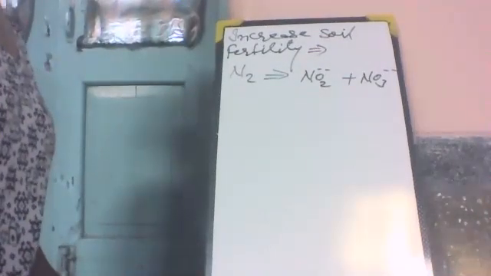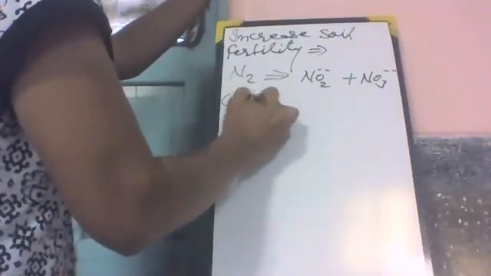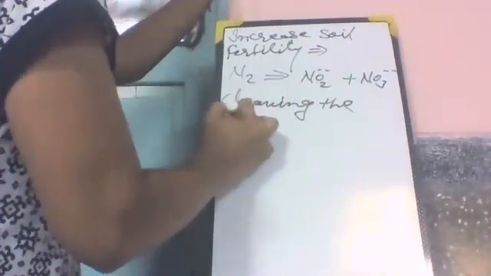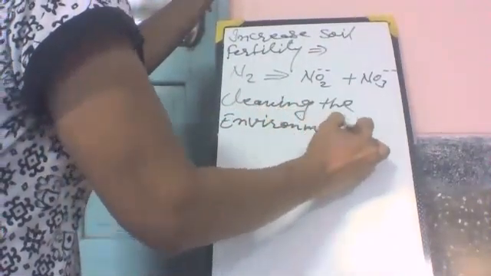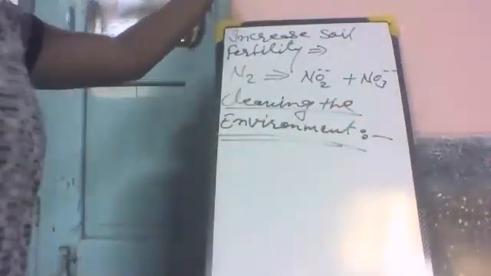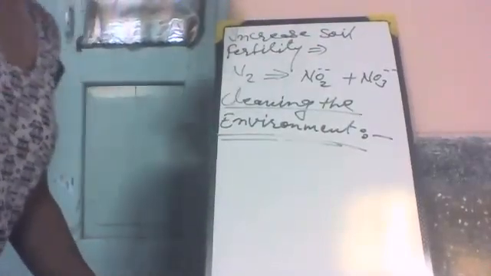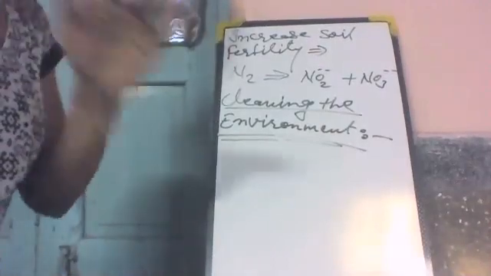Then cleaning the environment. Another use of bacteria is cleaning the environment. Saprophytic bacteria take their food from dead and decaying plants and animals.